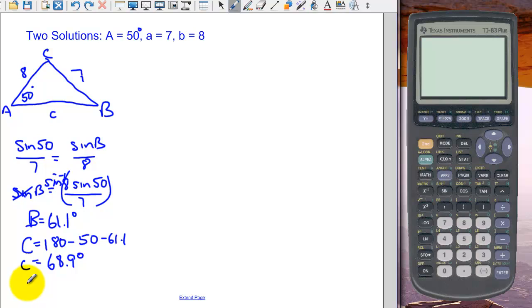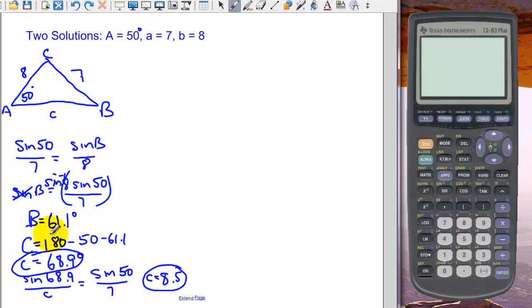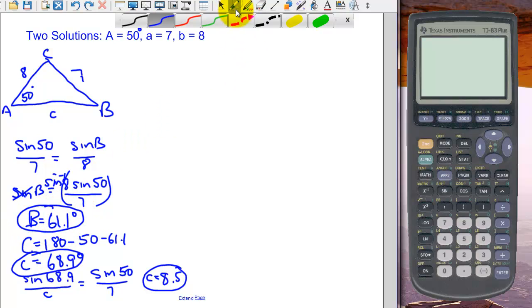And we set up to find side C, so the sine of 68.9 over side C, and sine of A over A, and when we solve that, and again we've shown the solution, we get 8.5. So our first solution we have here. So let's check our second solution.